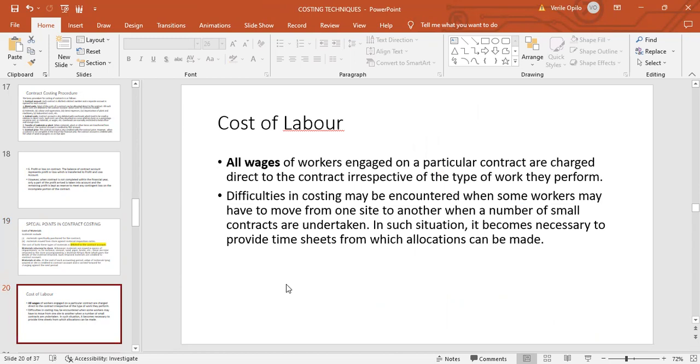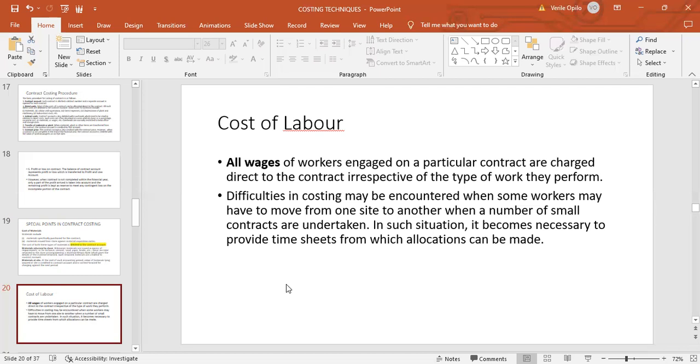And then we have the indirect employees. These are the ones that are usually hired by the company, but are not employees of the organization for that particular contract. So you'll find that when it comes to the contract, we are going to include in the contract account all the wages of all the workers, whether they are direct employees or they are indirect employees.